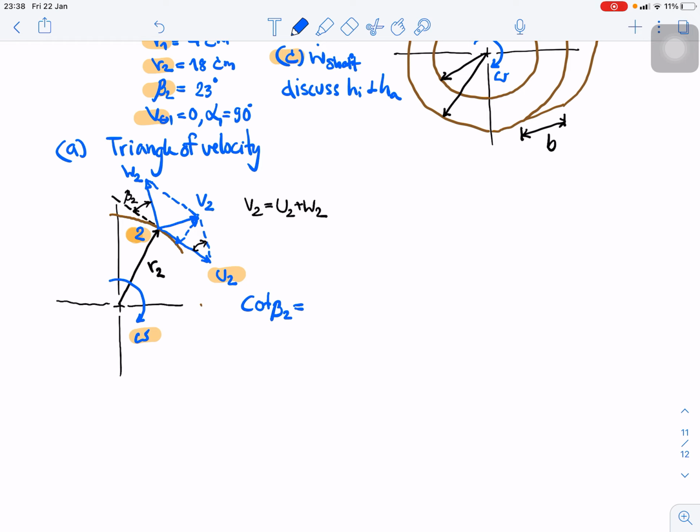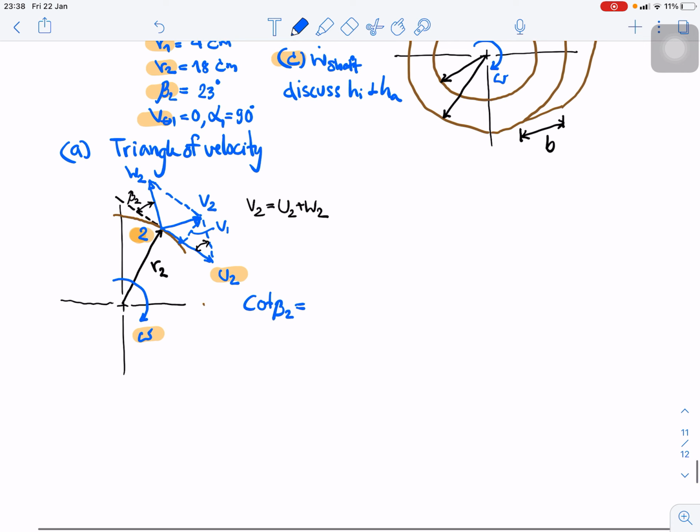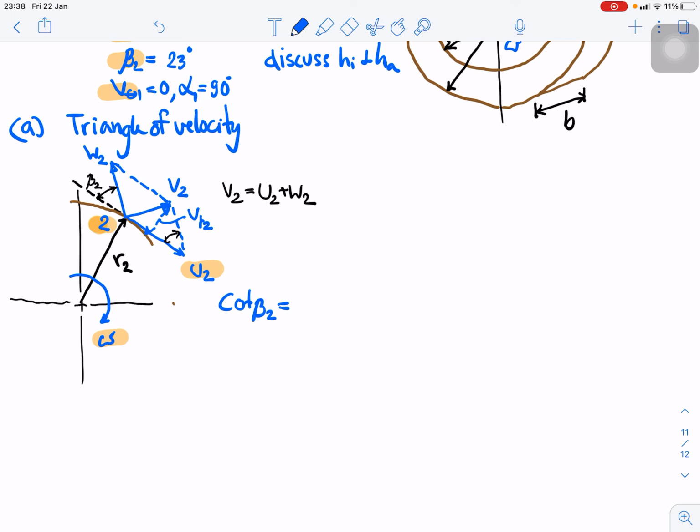This length is VR2, which is equal to this length.